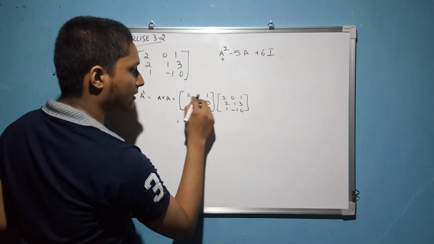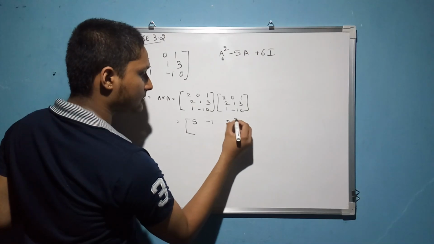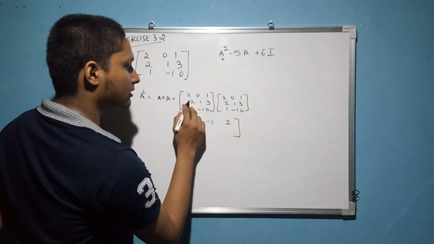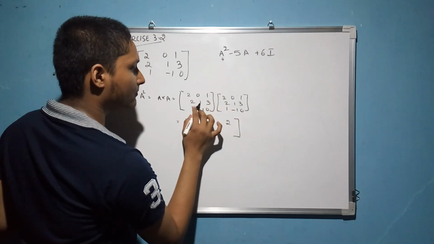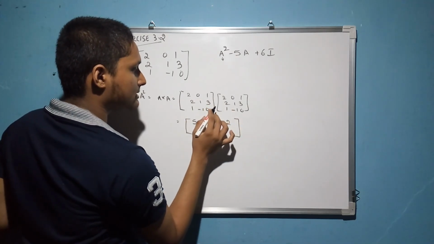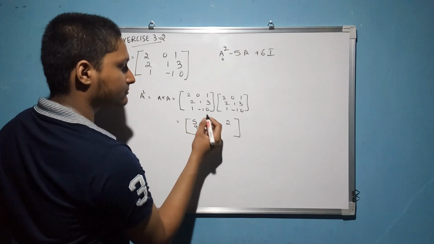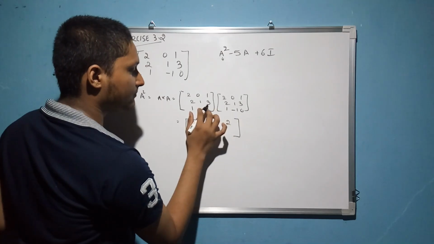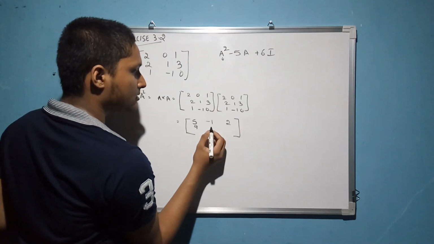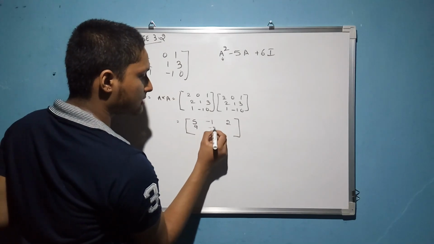Then you have 2 into 1, 2. Then 2 into 2 is 4, 4 plus 2 is 6, 6 plus 3 is 9, 9 is what you are going to get here. Then 2 into 0 is 0, 1 into 1 is 1, then minus 3. So 1 minus 3 comes to be minus 2.